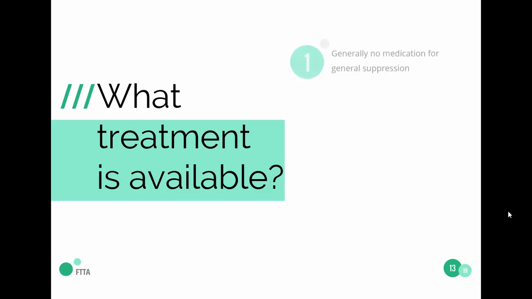What treatment is available? Generally, there's no medication for general suppression, although I was doing a bit of research earlier today and yesterday looking at the different types of medication, and there are some medications available that are quite common, especially if the Tourette's syndrome does get quite severe.